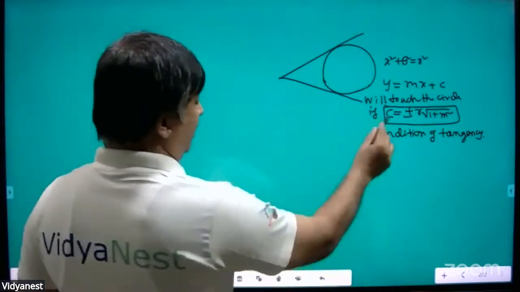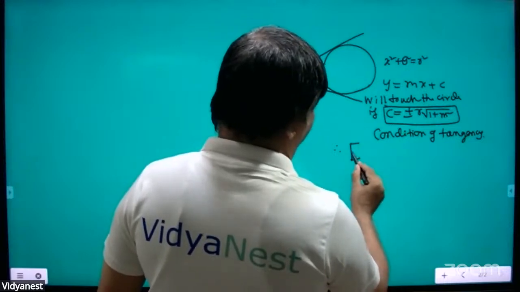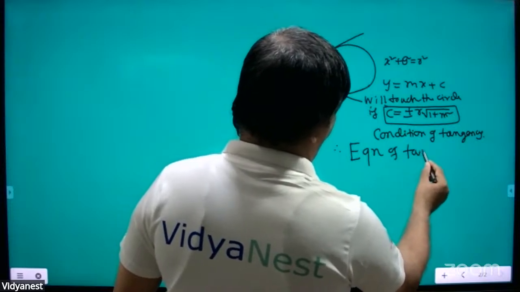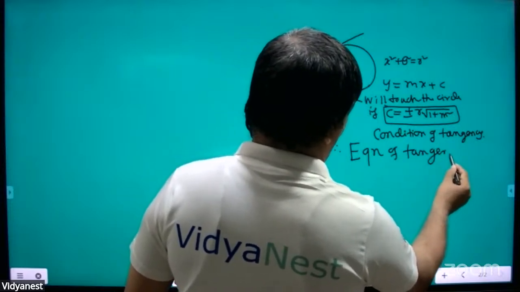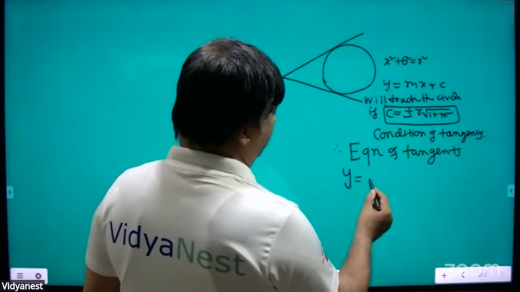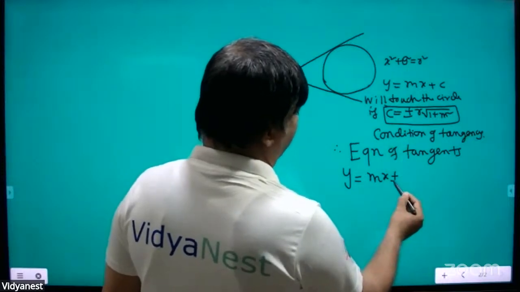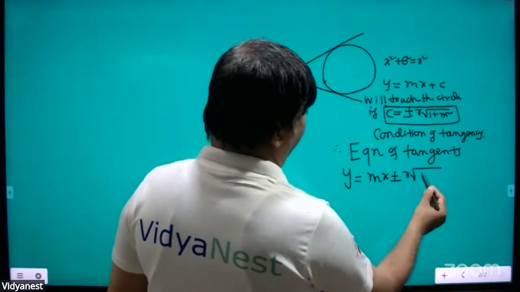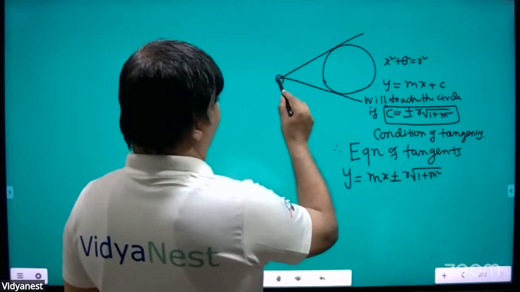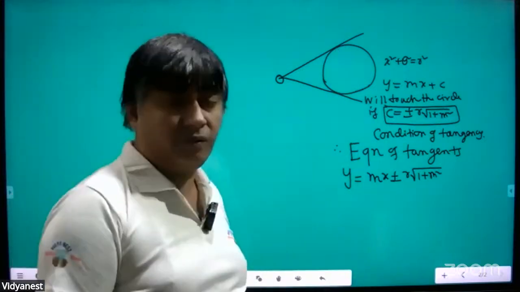Okay, therefore equation of tangents, now not singular, equation of tangents y is equal to mx plus c. C is plus minus. Plus minus means from an external point we can draw two tangents to the circle. This is the equation of the tangent.